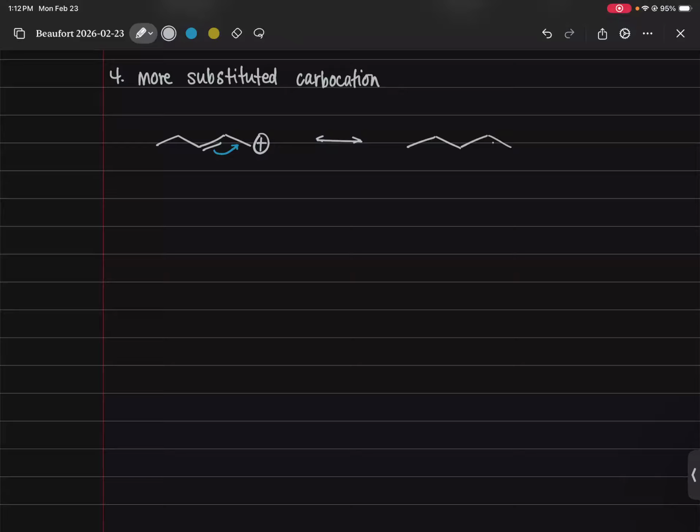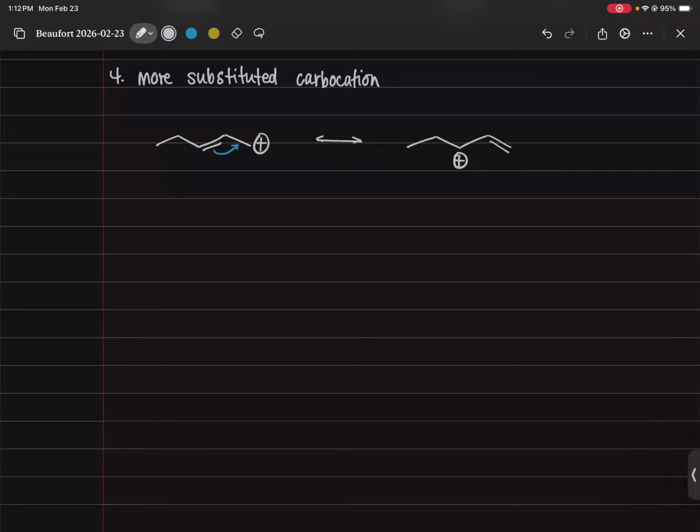So pi electrons move over here. And the positive charge doesn't really move, because this positive charge is a lack of electrons, but the carbon in the middle is now electron deficient. So it's got a positive charge.